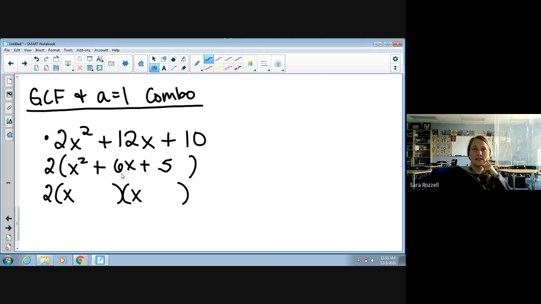And does that also add to 6? And they both are going to be positive. There you go. So 5 times 1 is 5, and 5 plus 1 is 6. You're trying to multiply for the last and add for the middle.